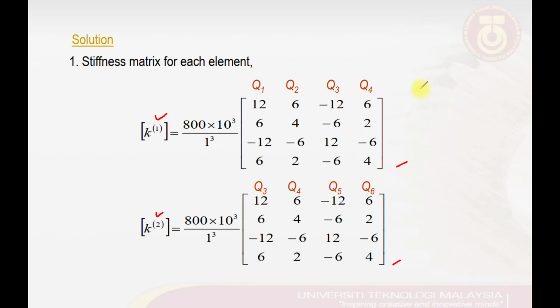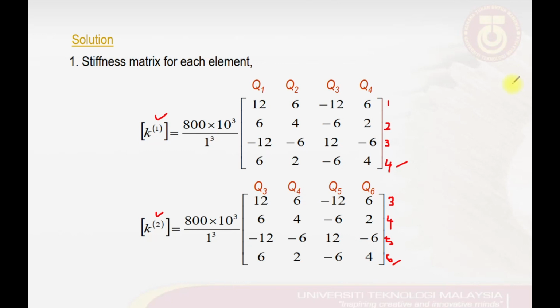So it is convenient to write the address on this part of the matrix as well, so that it will be easy for us to transfer this matrix or to assemble this matrix later. So I write everything on the top and on the side of this matrix.